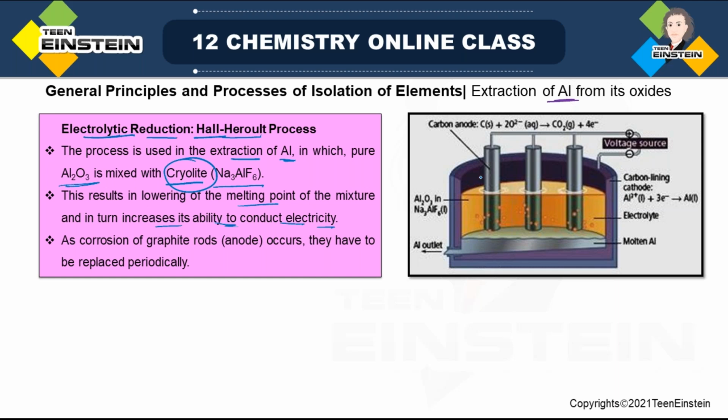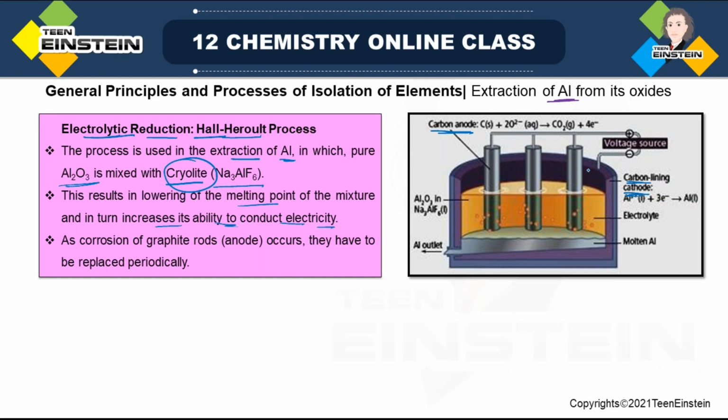Then we will see, now come to this picture. Here we are using carbon as the anode, and in the cathode also it is carbon. Normally in electrochemistry, the picture of electrolysis that you have seen, you will find it somewhat different here.